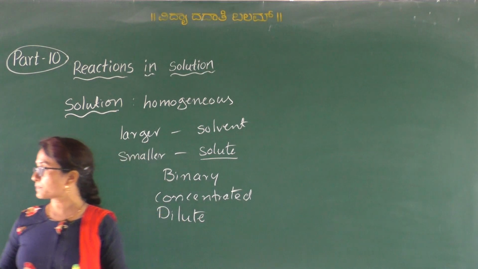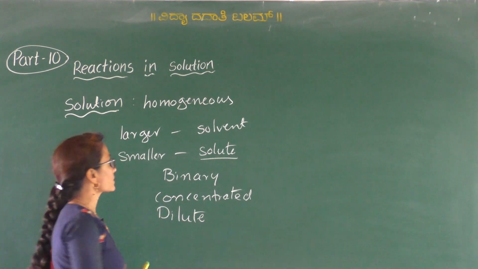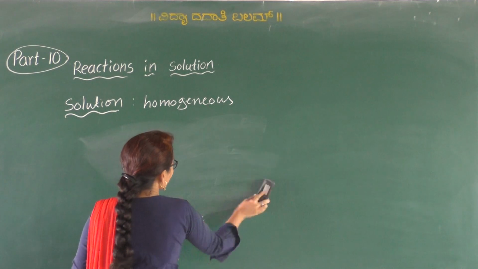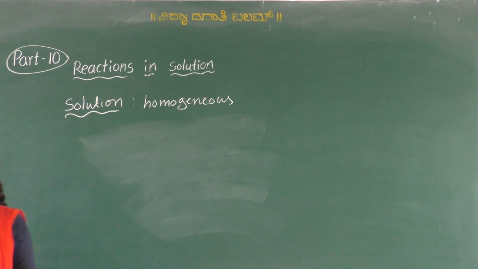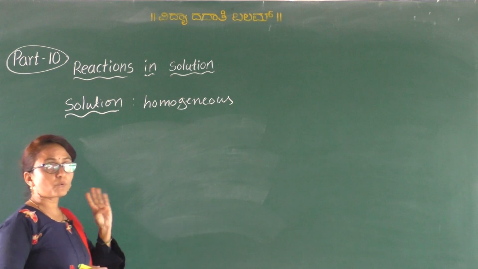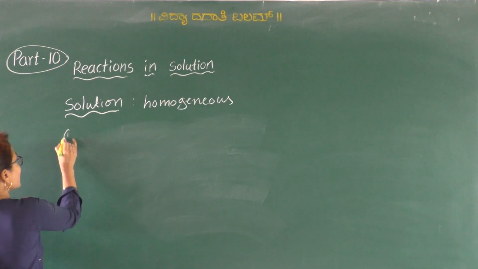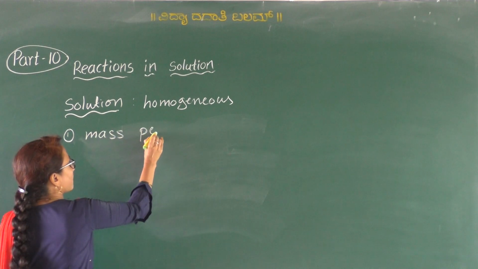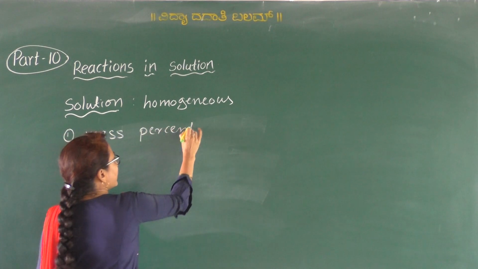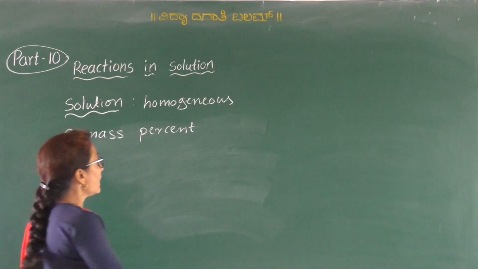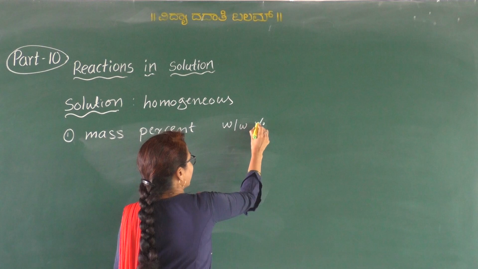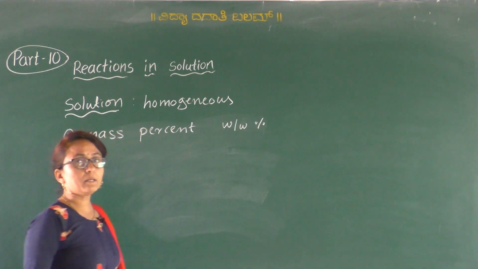Therefore, to express the concentration of a solution we have different terms. We have four different terms. The first one is mass percent, also known as weight percent, represented as W by W percent, where both are taken in mass.